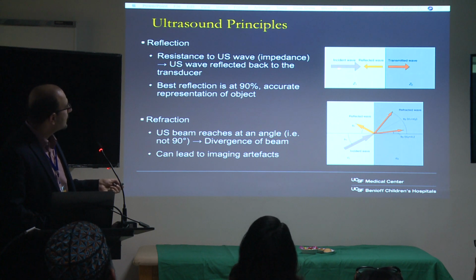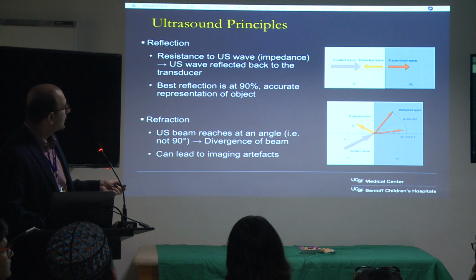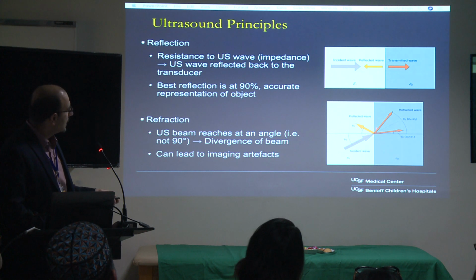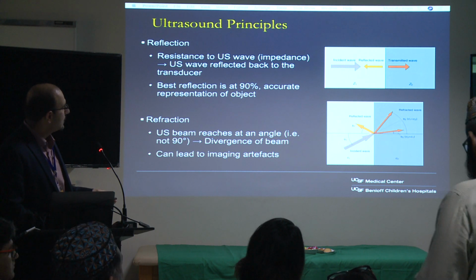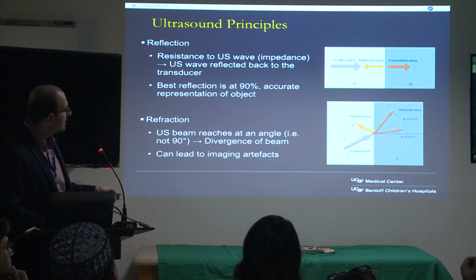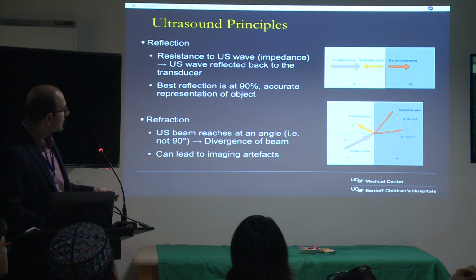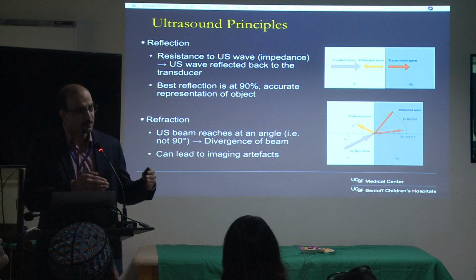For a signal to be reflected, the ideal angle is 90 degrees, so perpendicular to the source. Anything that is off that angle, instead of reflection, you'll get refraction. Those signals have an implication for causing artifact. What you see head-on would be good, but you'll get artifact being created because of the ultrasound probe not being in the right plane.